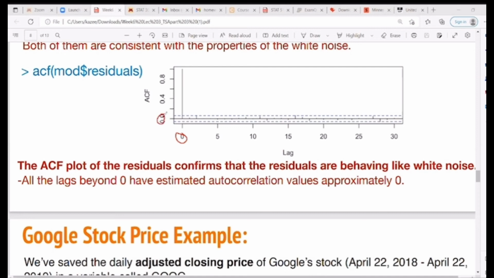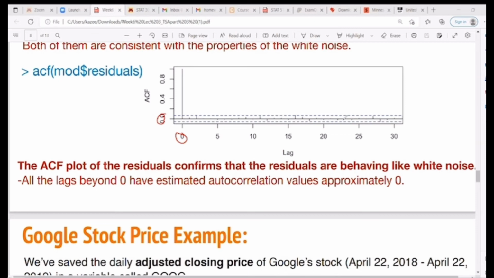And let me tell you this, at times we create room for error. If not more than 5% of them are outside the line, we are still fine. But in the one I'm showing you now, you can see all of them are within the blue dotted line, which means the autocorrelation function at any lag for residuals is approximately zero.